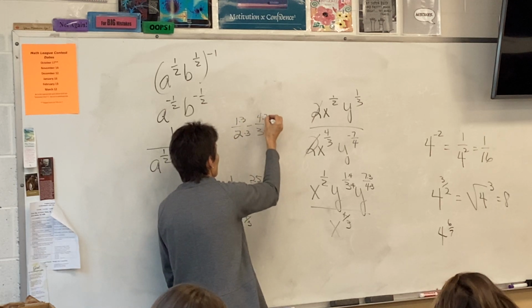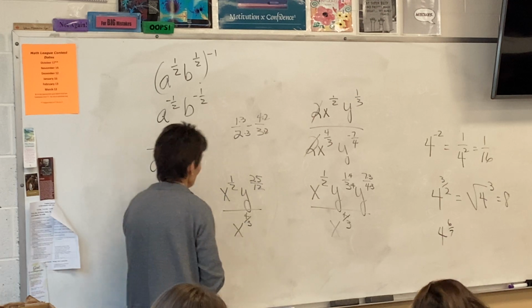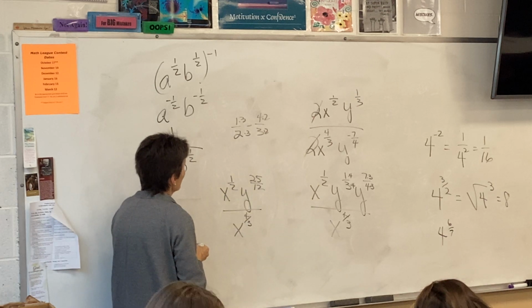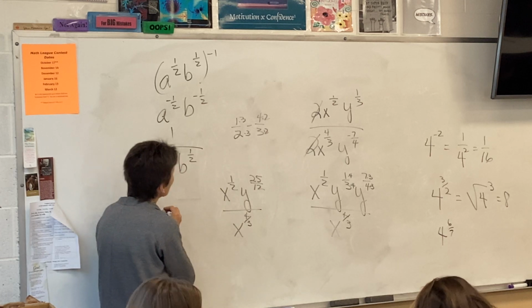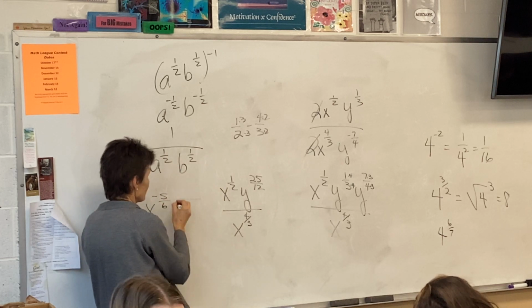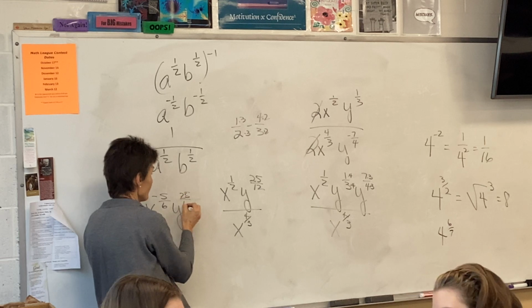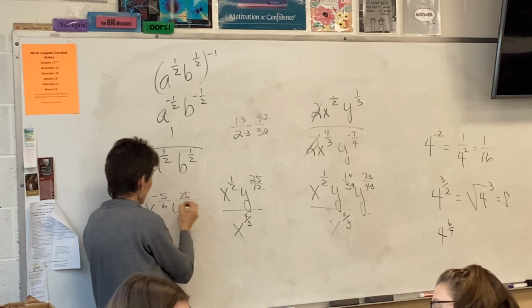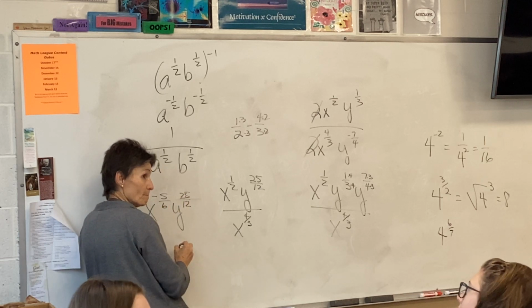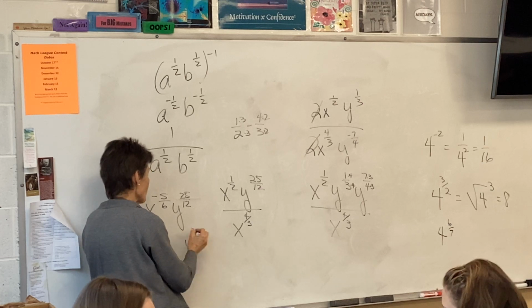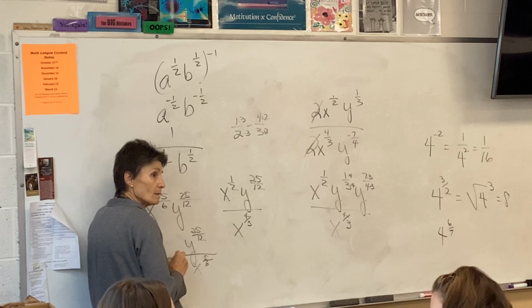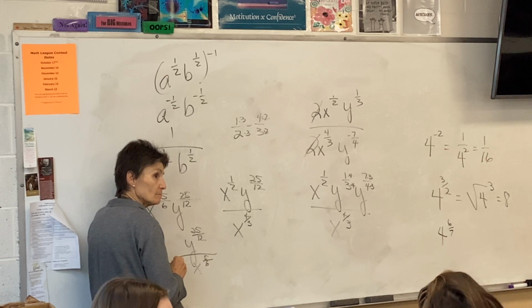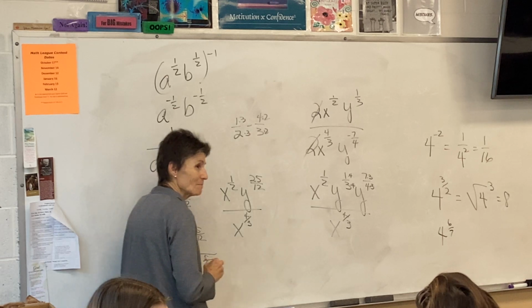So common denominator, and that gave you x to the negative 5/6, is that right? Yeah. And then this is going to the bottom. So y to the 25/12 over x to the 5/6. Is that okay? Yeah. All right.